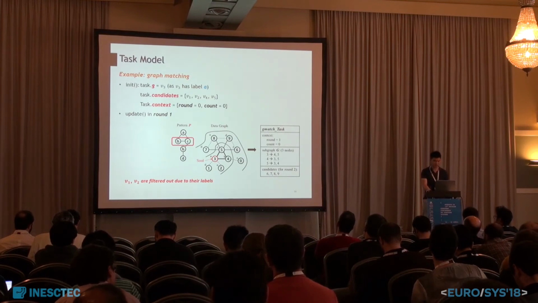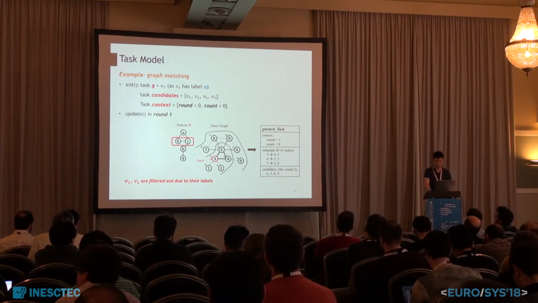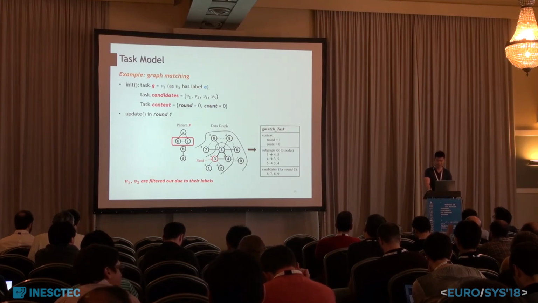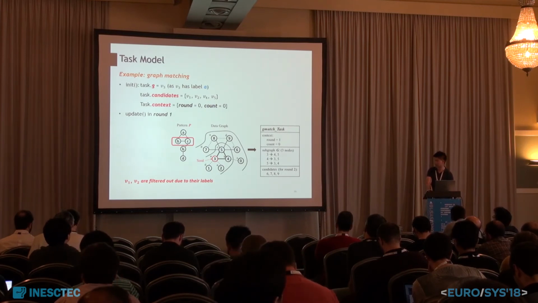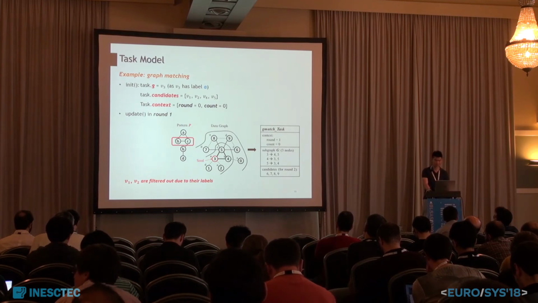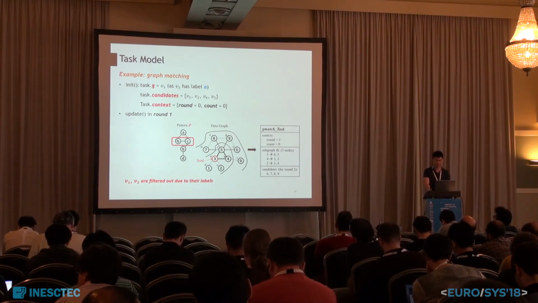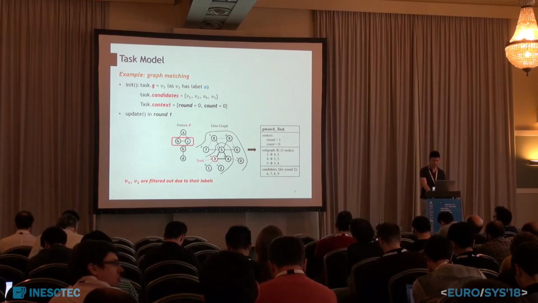Hence, vertices 2 and 3, vertices 1 and 2 will be filtered out because the labels are not B and C. We only care about vertices 4 and 5 and involve these 2 new vertices into the current subgraph. And we update the candidates to 6, 7, 8, and 9 because they are the one-hop neighbors of vertex 5.